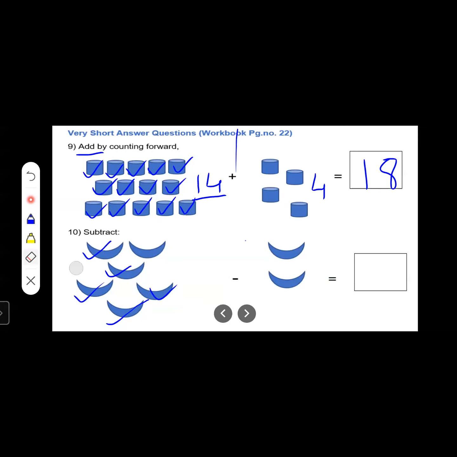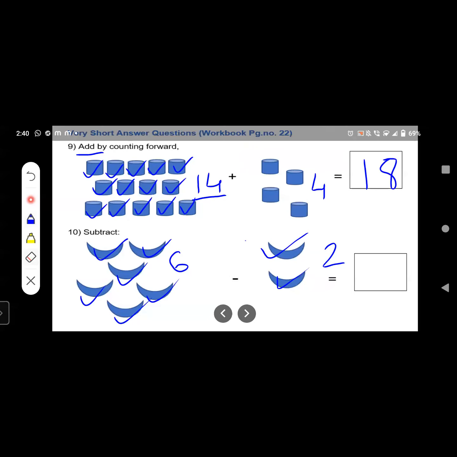Again count. 1, 2, 3, 4, 5, 6. How many moons? 6 moons. And here how many moons are there? 1, 2. So what we have to do? Addition or subtraction? Subtraction.